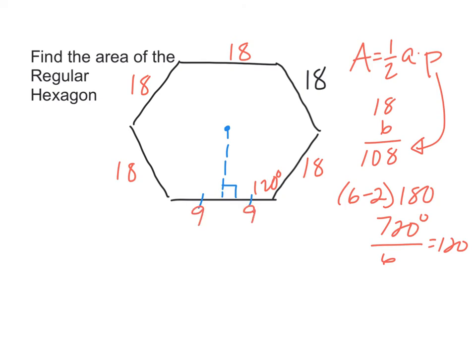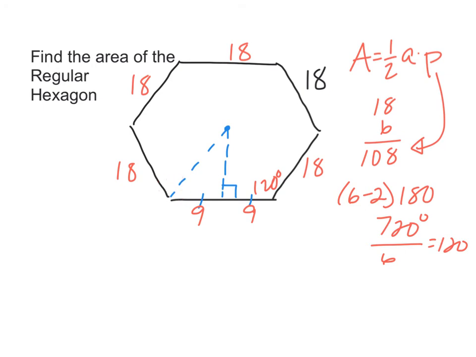Now why am I doing that? Because watch this. What if I were to draw a radius down here? Well, I know that this angle right here is 120 degrees because every angle is 120 degrees. And we said a little while ago that a radius bisects the angle.